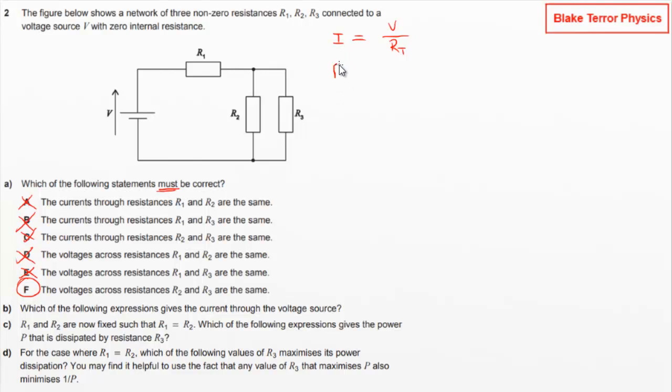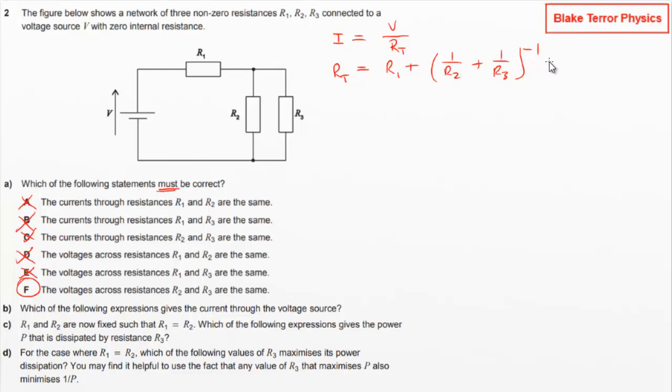So our total resistance is going to be, well, we've got R1, and then we need to add on, and we can't do any of our quick tricks on adding up this parallel branch because we don't know what R2 and R3 are going to be. So 1 over R2 plus 1 over R3 to the minus 1.